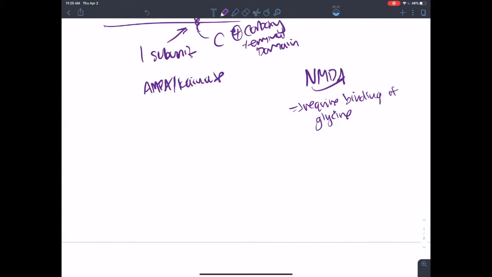Even though glycine is necessary, the availability of glutamate is more on an activity-dependent basis, meaning glutamate release is what usually gates these open or closed. In fact, they're usually bound to glycine, so you wouldn't consider glycine the transmitter, because if it was, then they would always be open, essentially. I hope that makes sense.